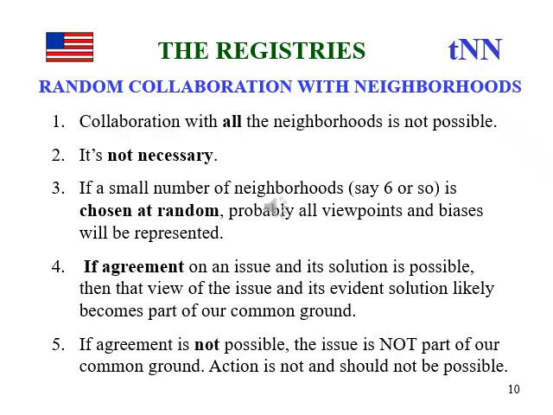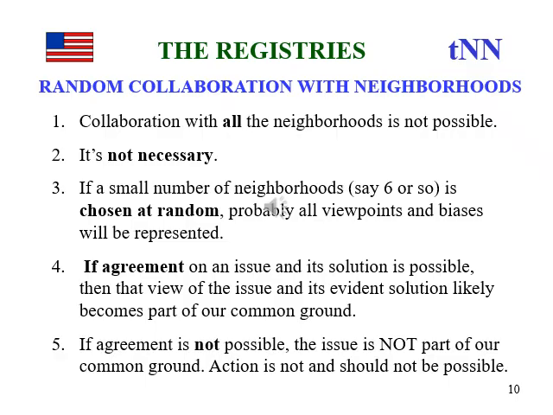Random collaboration with neighborhoods. 1. Collaboration with all the neighborhoods is not possible. 2. It's not necessary. 3. If a small number of neighborhoods, say 6 or so, is chosen at random, probably all viewpoints and biases will be represented. 4.